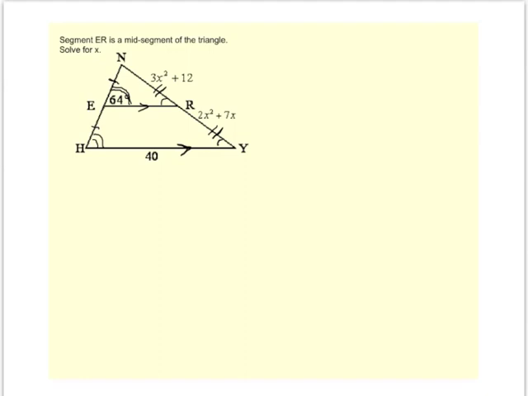Now the problem asks us to solve for x. So x refers to side lengths, in particular side lengths NR and RY. Now because ER is a mid-segment, I know that those side lengths must be equal.